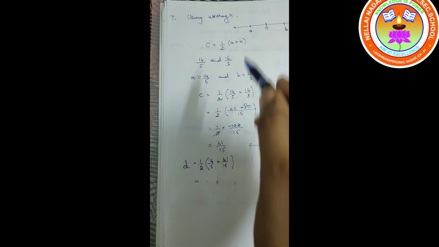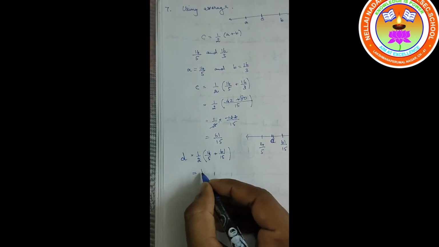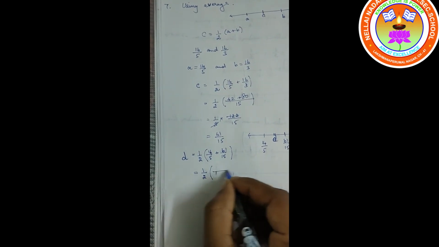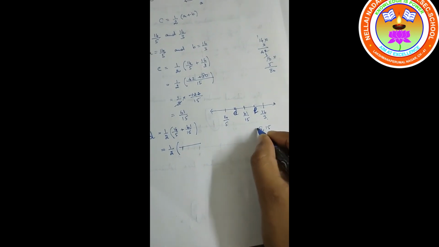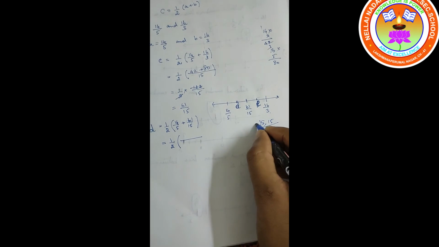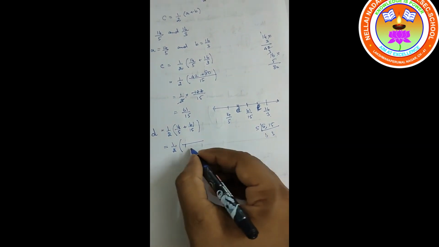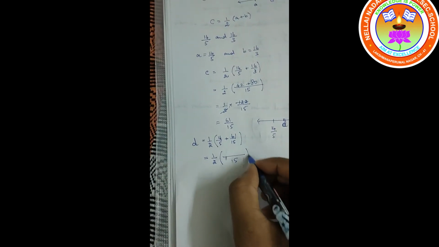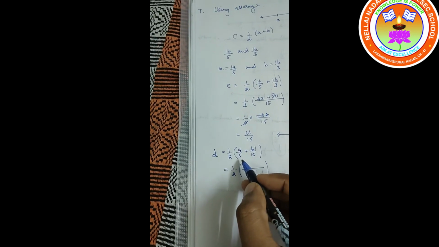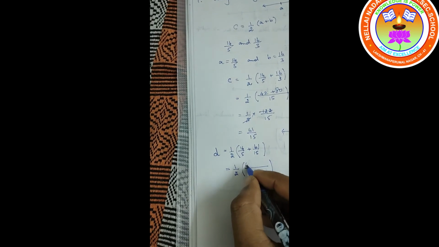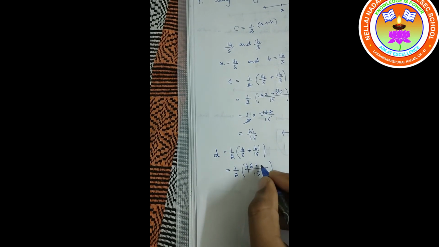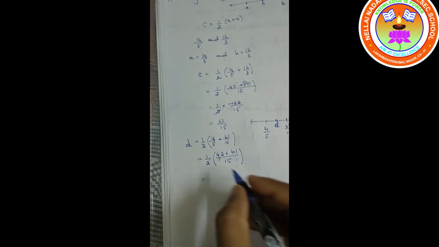No need to draw this diagram at all, it's enough to write the sum. 1 by 2, LCM for 15 and 5 is 15. If you don't know, put it like this, 5 tables, 1 time, 3 times, 3 5s are 15. For the other one also, the LCM is 15. How many times will 5 become 15? You already know, that is nothing but 42, plus 61. What is 42 plus 61?